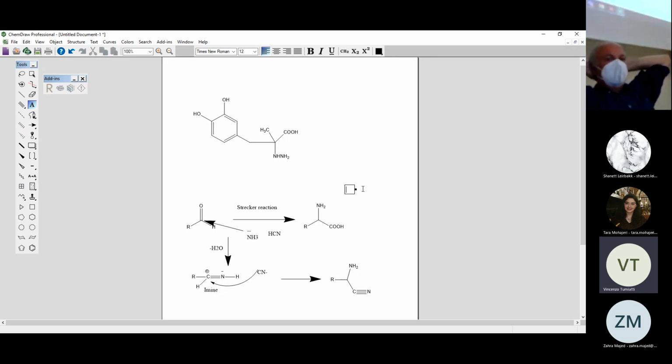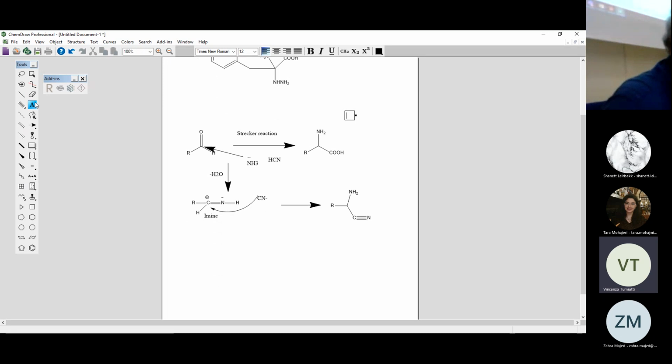The nitrile group is a masked acidic group because we can hydrolyze the nitrile in acidic condition, perhaps, and then we can get the carboxylic group.